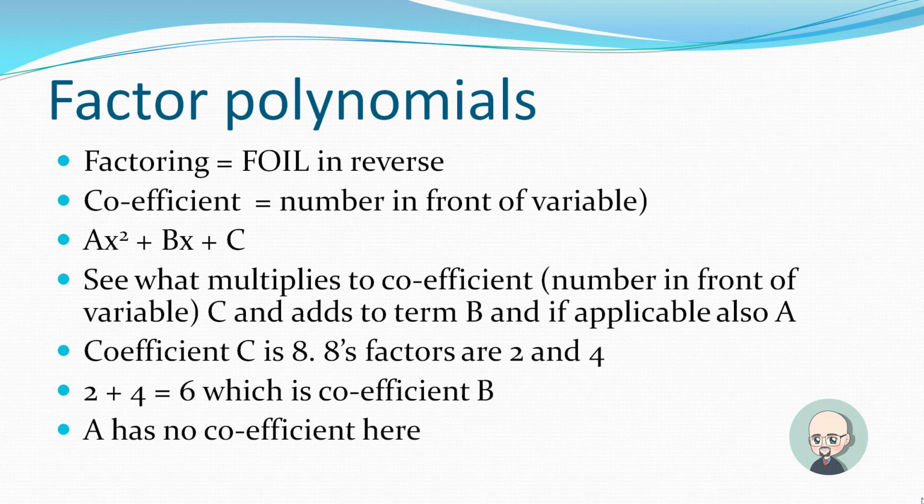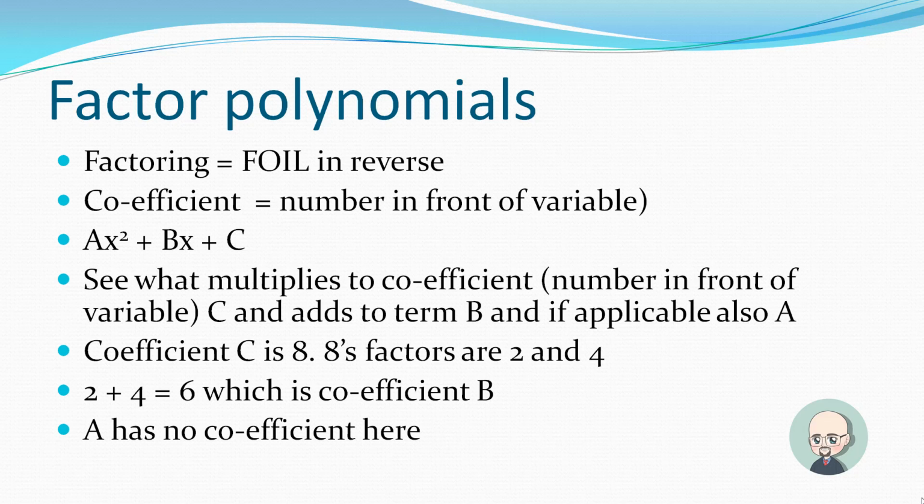Factoring polynomials is basically FOIL, remember the FOIL multiplication that we just did, in reverse. So you're going to look at the particular polynomial and figure, well, what would be multiplied against what to get that polynomial? A coefficient is the number in front of a variable. That's an important term.